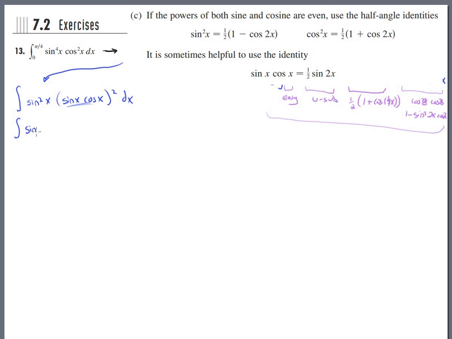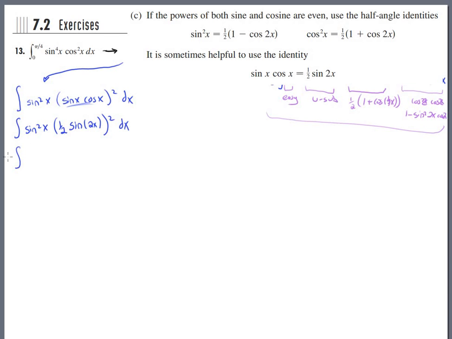So rewrite this as sine squared x and 1/2 sine of 2x squared dx. That might not automatically look better, but now at least for this sine squared right here, I'm going to rewrite that using the 1/2, using this identity, the first one up here.